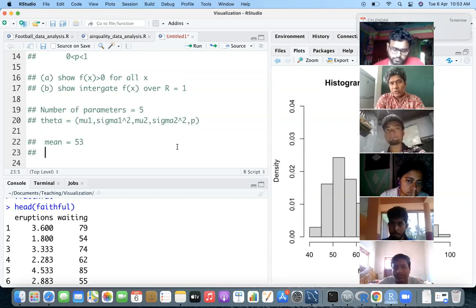Now let's look into the range. The range is somewhere between 40 and maybe 65.